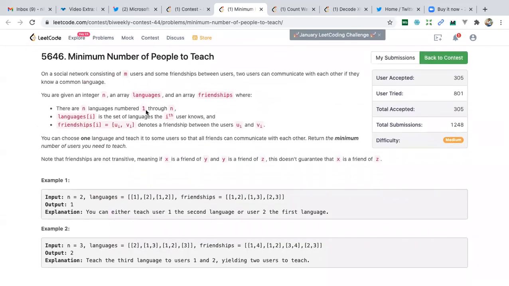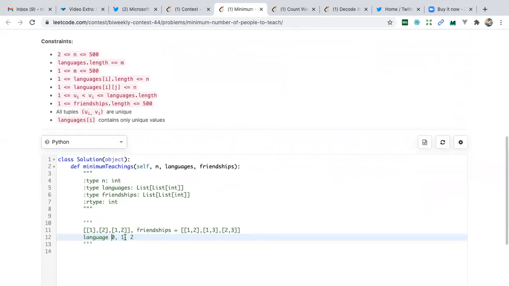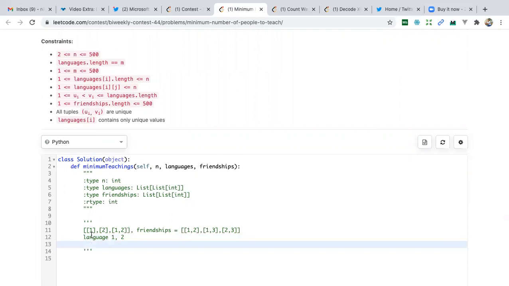There are n languages numbered 1 to n. So the languages are 1 and 2, and the users are 1, 2, 3. And how would you know how many users there are? Like finding the length of the languages array.